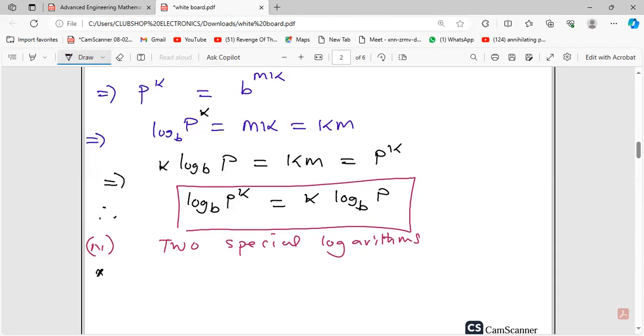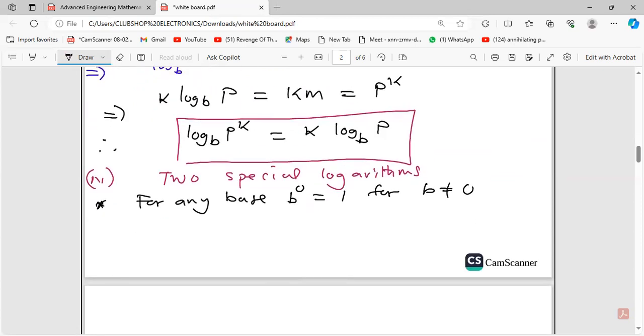The first one, we can say for any base, b to the power 0 is equal to 1, for b itself must not be equal to 0.